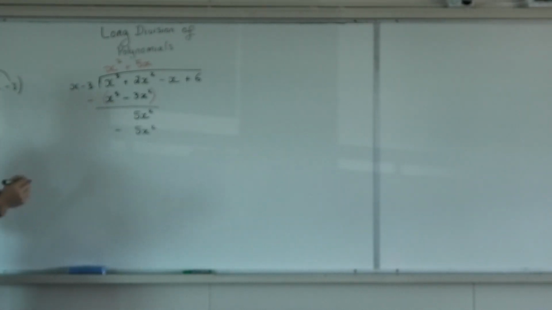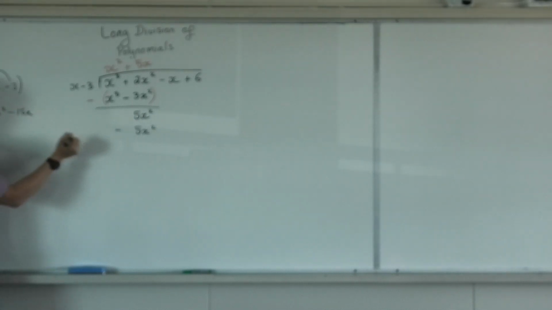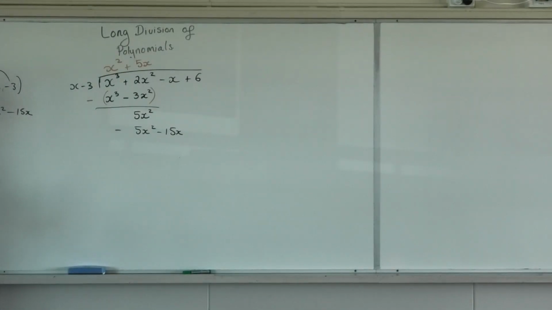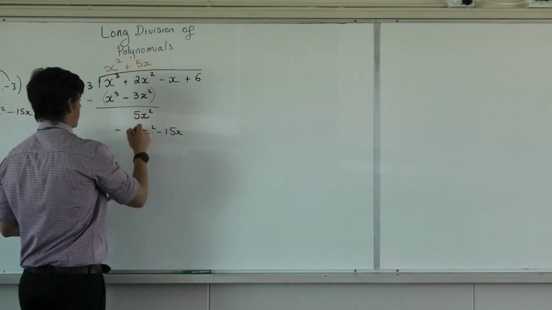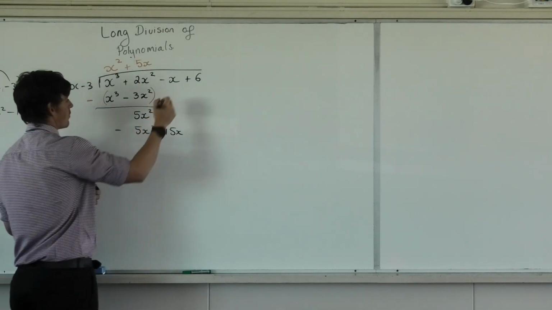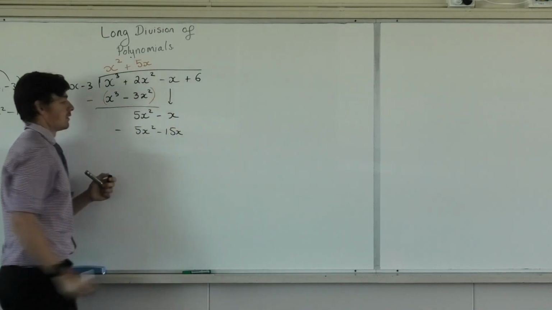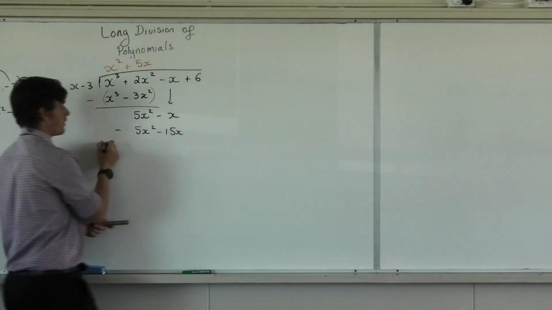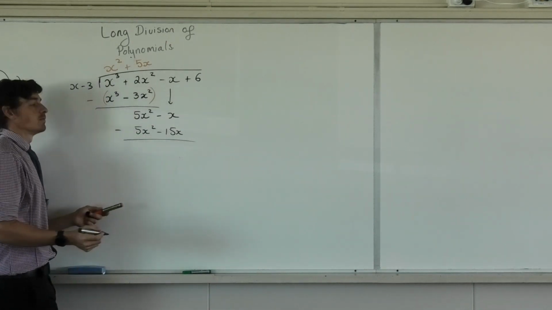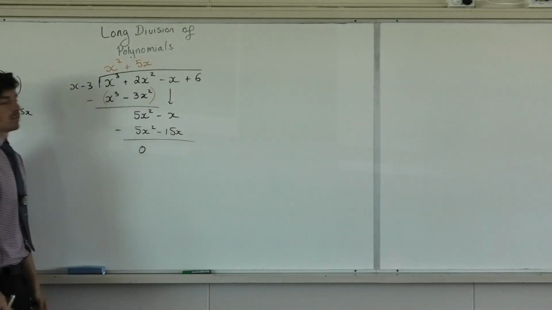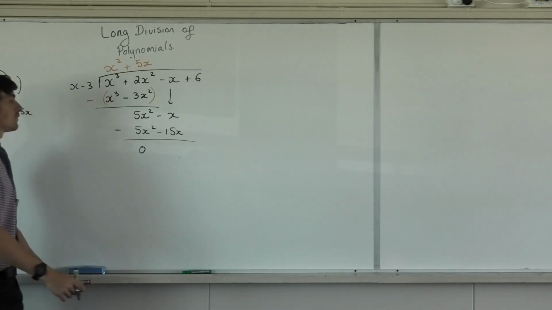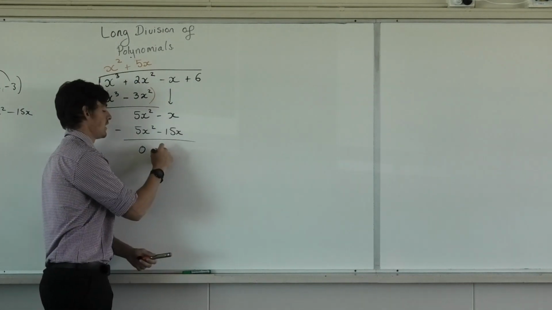And 5x times negative 3, so I get minus 15x, correct? So I'll bring this negative x down. That becomes what? 5x squared minus 5x squared is 0. Negative x minus negative 15x is plus 14x, correct?